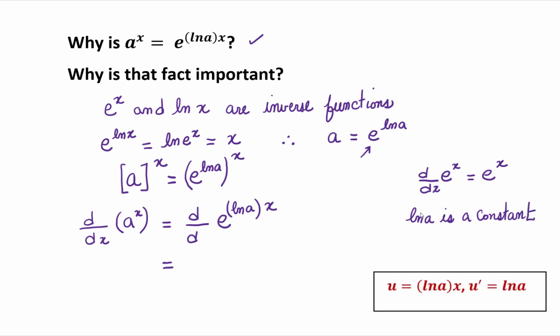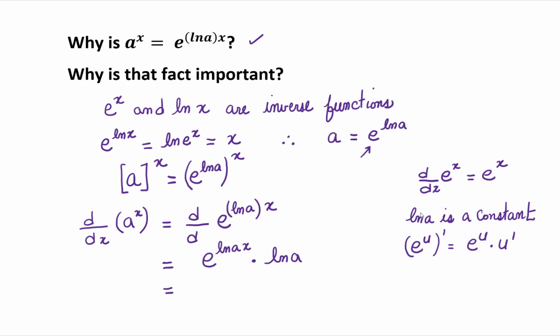So our u is going to be ln a times x, and u prime will be just ln a. e to the ln a x, that's what the derivative is equal to, times ln a. Remember, e to the u prime is equal to e to the u times u prime, composite function.